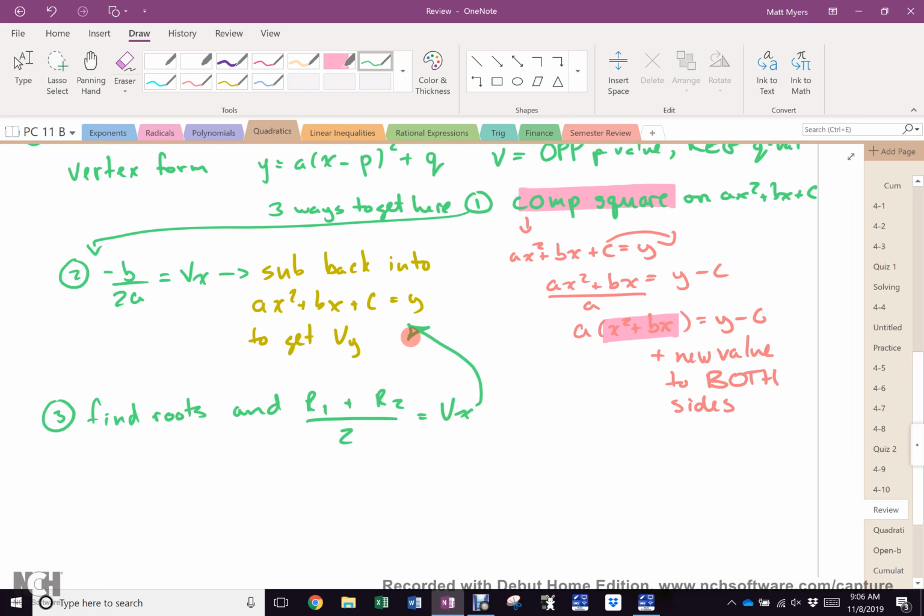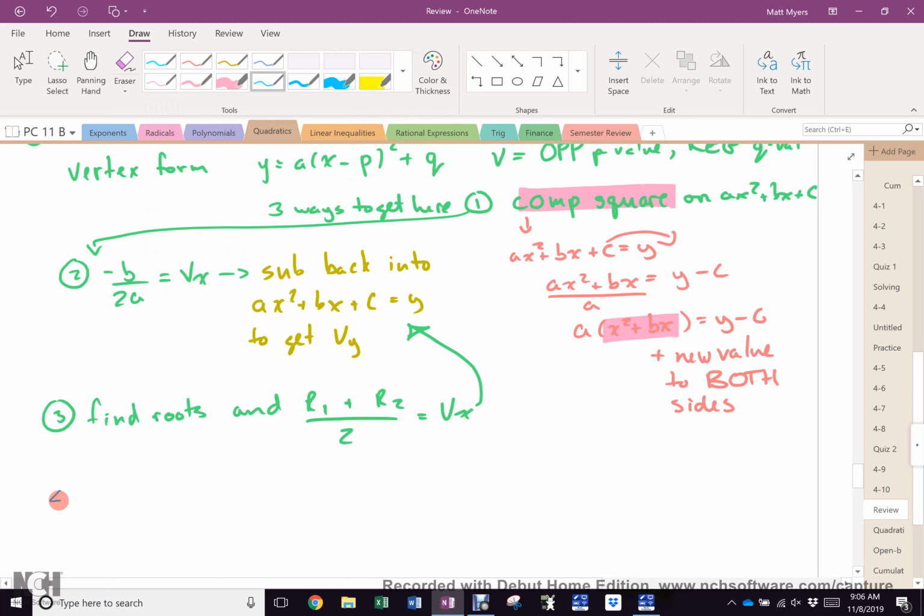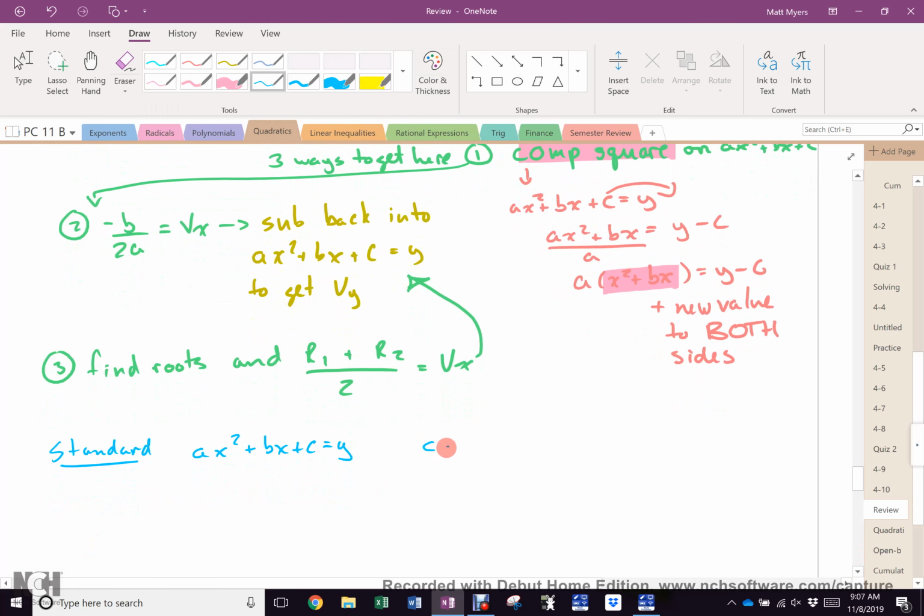Yeah? Okay. Second form that we dealt with is standard. Ax squared plus bx plus c equals y. What do we know about standard? C equals y-intercept, which means that value on the graph is (0, c).